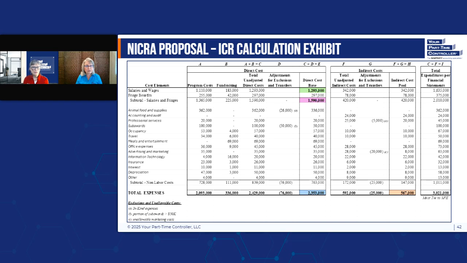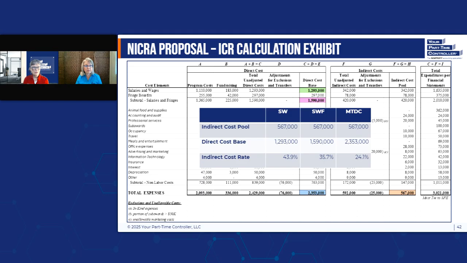And now for the calculation. This calculation is typically done at the bottom of the exhibit or on a separate tab of the Excel workbook. The numerator of the calculation is the total of the indirect cost pool, and the denominator is the applicable direct cost base.